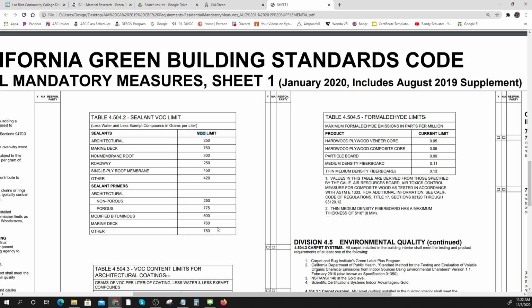Paint is another. Now, I will tell you, low VOC product usually works poorly compared to high VOC when you talk about reliability, ease of application, long-term durability, maintenance. High VOC tends to really perform well. But of course, it's horrible for the environment.